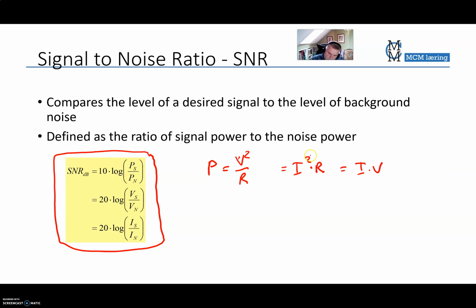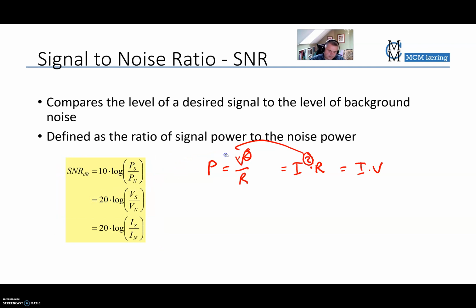Because of that squared there and there, together with the logarithmic rules, this is twice as high. So it's 10 times when we talk about power and 20 times when we talk about voltage and current.